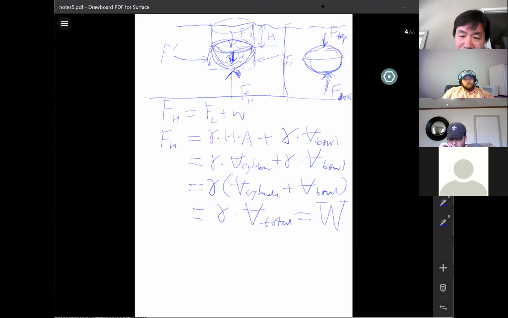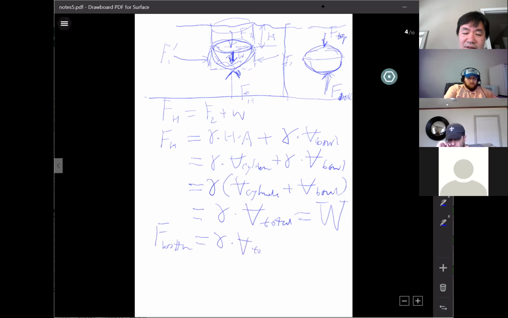Okay, so let's look at, I already know from the previous example what F bottom is: gamma times the total volume sitting on top of it. Okay, but how about F top?